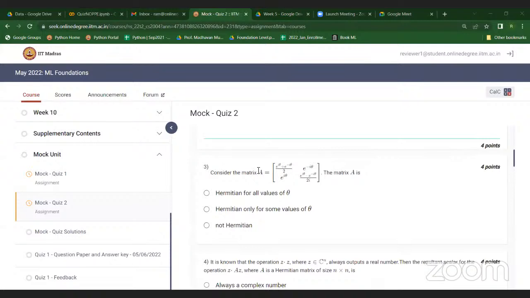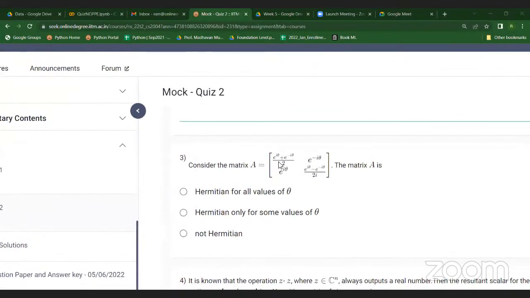And then if we move on to the third one, they're asking for this. Consider the matrix A equals e power i theta plus e power minus i theta by 2, e power minus i theta, e power i theta minus e power minus i theta by 2. So here we have this e power i theta.